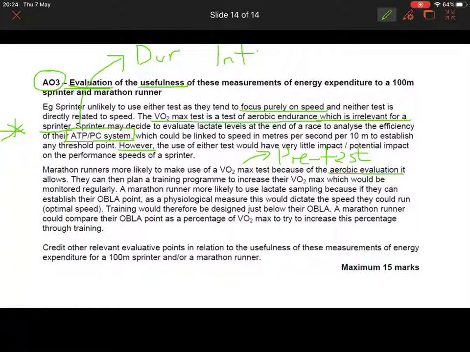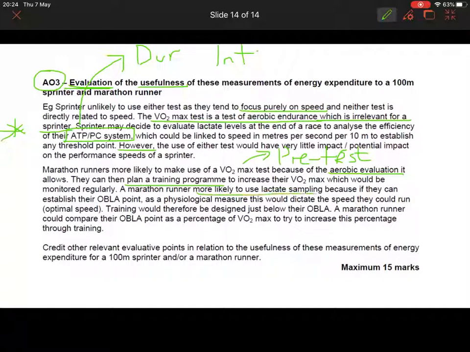In the context of what we're looking at here, the pre-test would be, on day one, the marathon runner does a VO2 max test, and a value will come out, so that's their pre-test measure. And then, let's say they're doing a 12-week training camp, you may do a VO2 max test every 3 weeks to show progression through their training program.